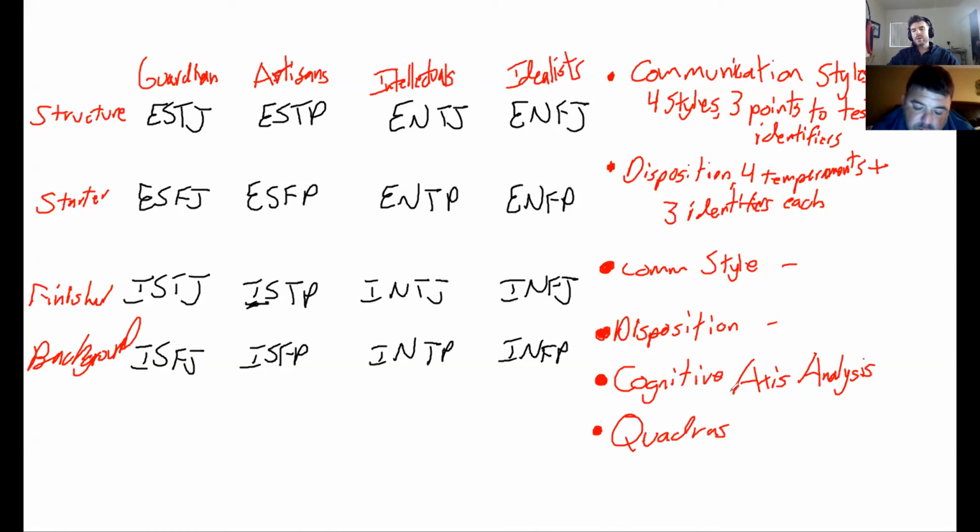And this is what we've done typically on the How to Type live streams. We usually just focus on communication styles, dispositions, cognitive axis analysis, and quadras. There's another vector. This one's really hard, but possible. Cognitive orbit.